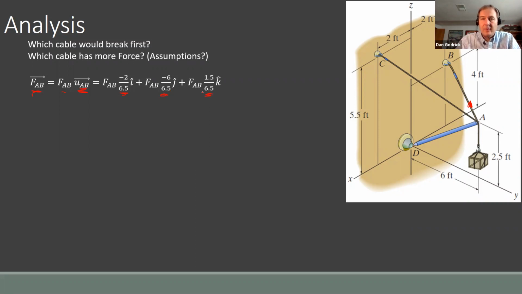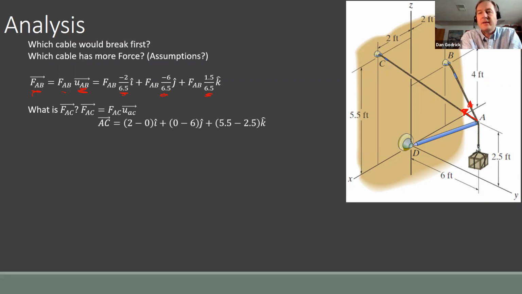So now, if we care about cables, what is the force acting in the AC direction? Well, it's the magnitude of F_AC times that direction vector U_AC.